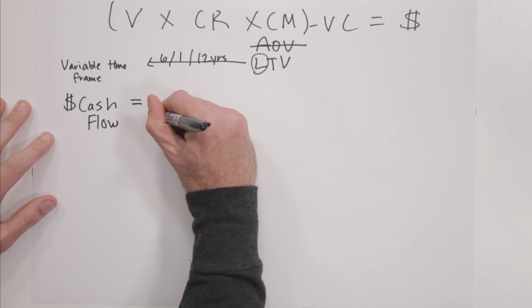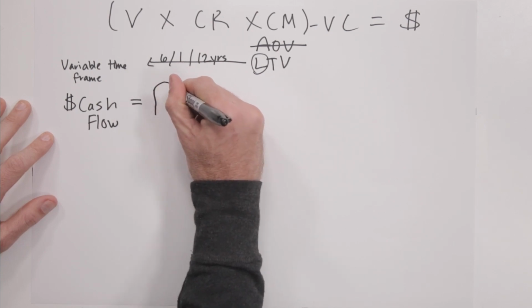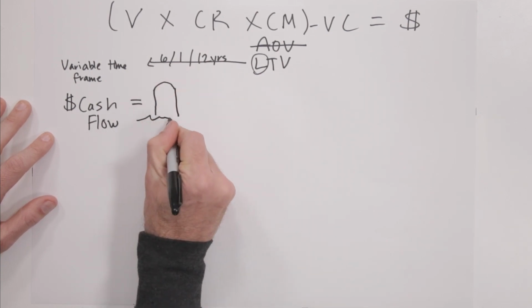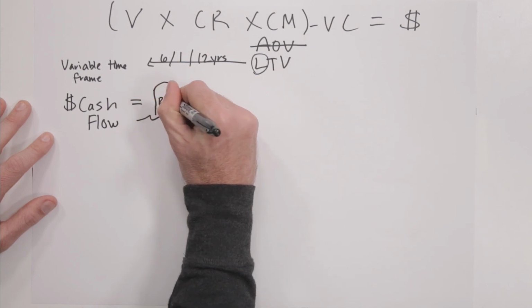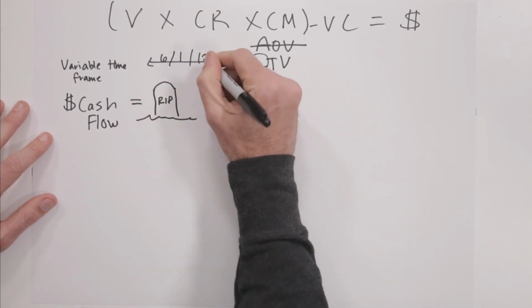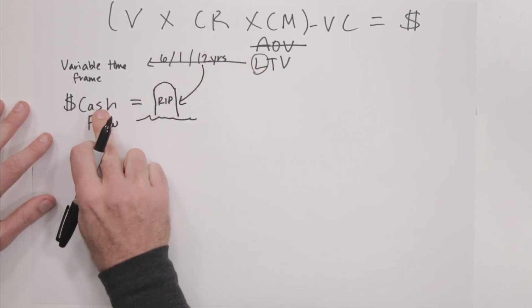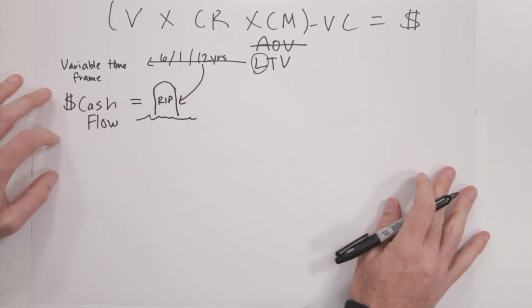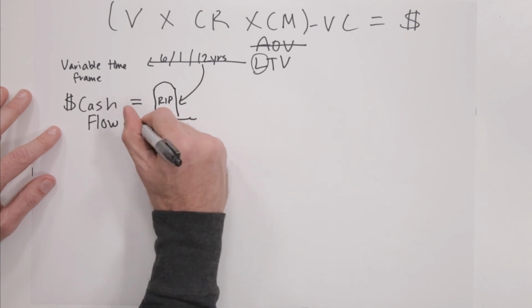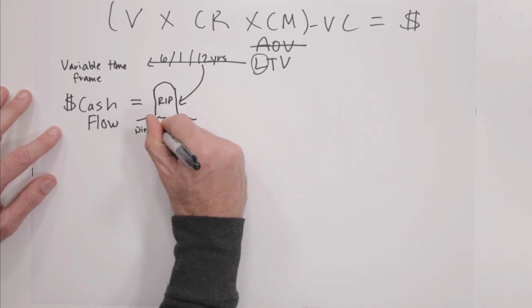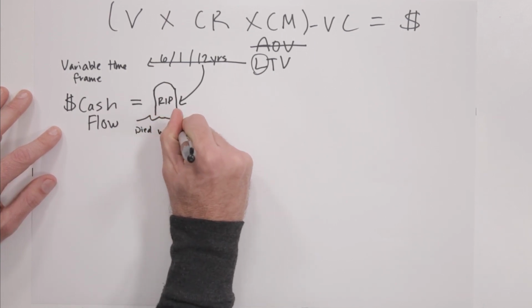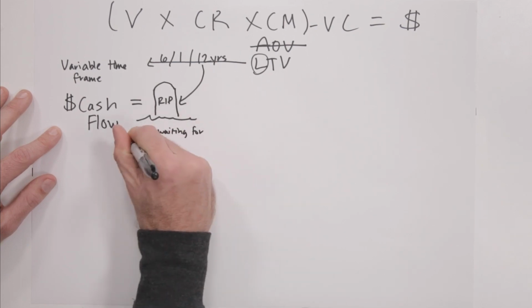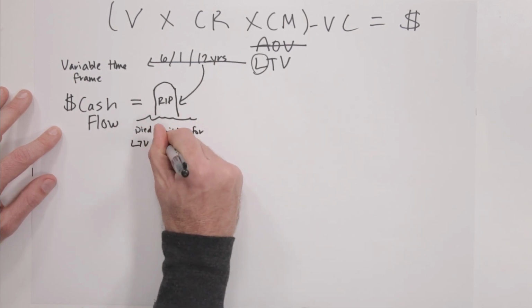If we use LTV as our core metric, we are all going to die waiting for LTV to show up, because we can't wait 12 years in a cash flow focused business for a metric to come to life. If this were a haunted mansion tombstone, it would say something like, died waiting for LTV that never came.